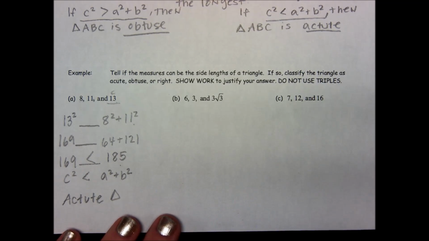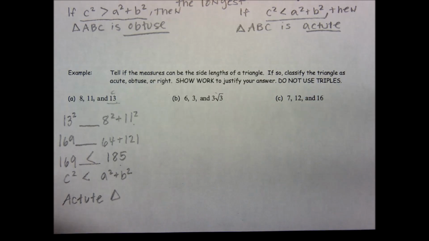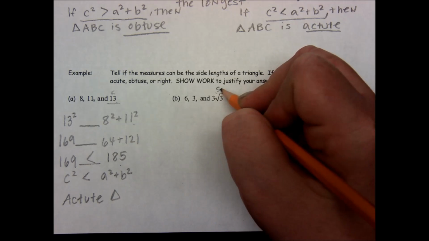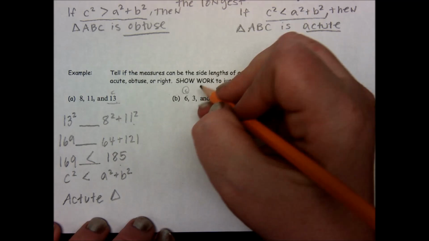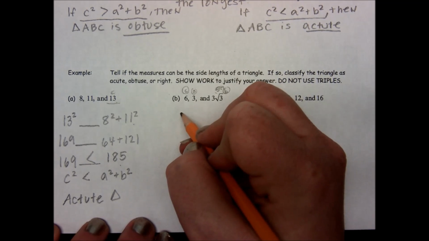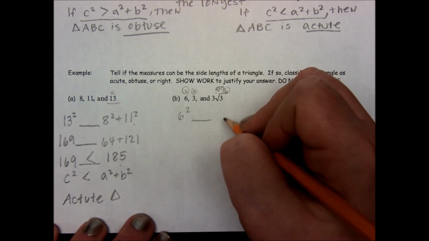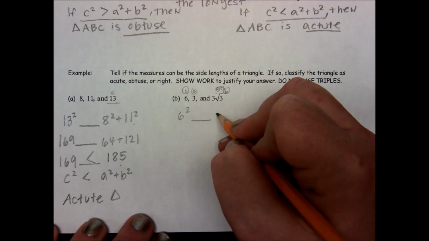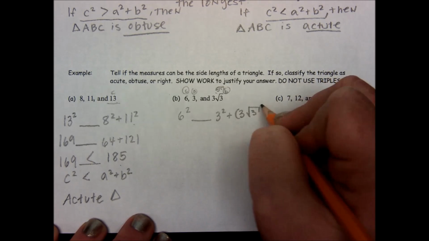Let's look at the next one. If I multiply this out, this 3 square root of 3, I get something like 5.1. So it looks like 6 is the biggest side, so it'll be our C, and this will be A, and this will be B. So 6 squared, I need to see if that's greater than, less than, or equal to 3 squared plus 3 square root of 3 squared.